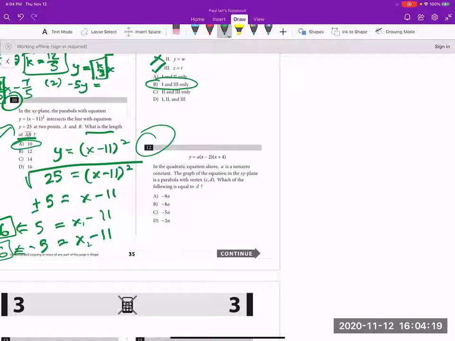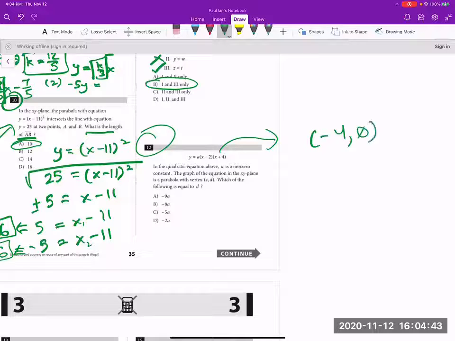Let's look at this one. Another parabola. You have this parabolic equation, and it crosses the x-axis. Let's see where it crosses the x-axis. It would be -4 and 0, right?